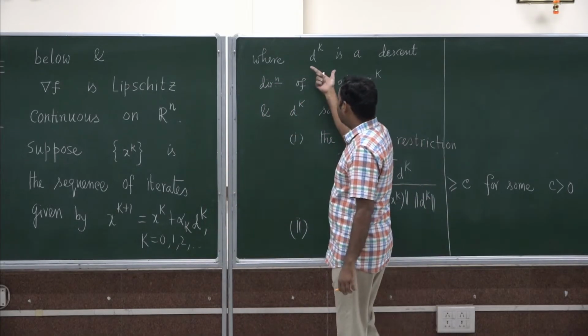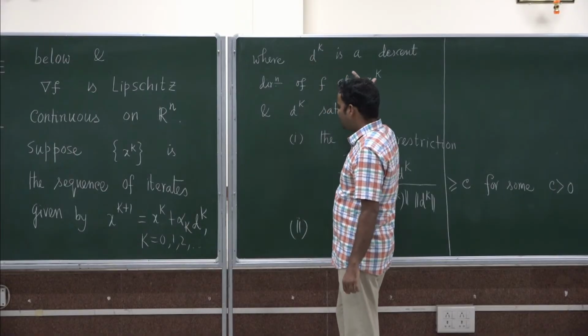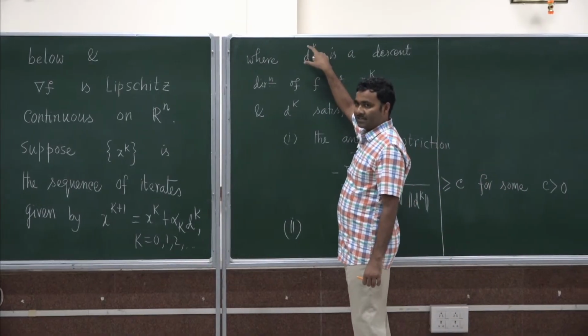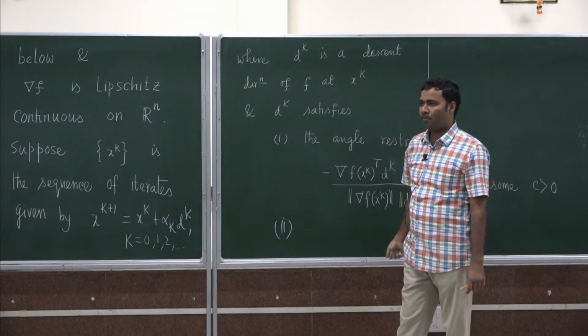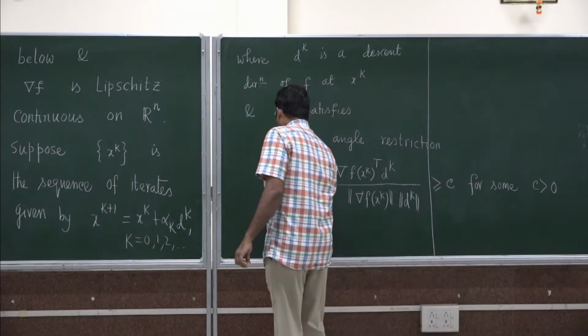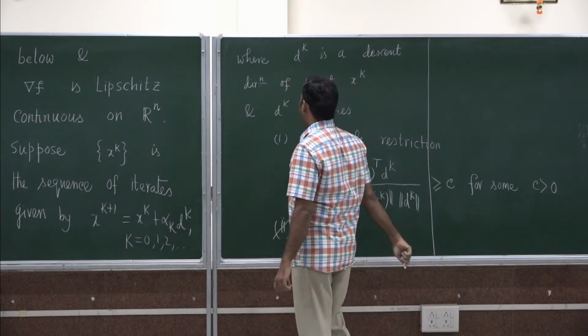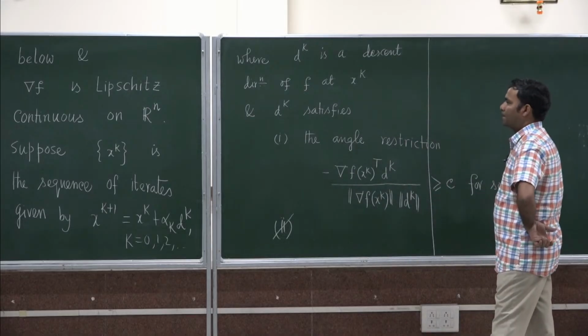So dk is such a direction that is a descent direction and satisfies the angle restriction, and additionally the sequence of directions dk lies inside a compact set. Maybe this should not be a point over here, this is a restriction for a given dk, and then for every k we have this restriction.